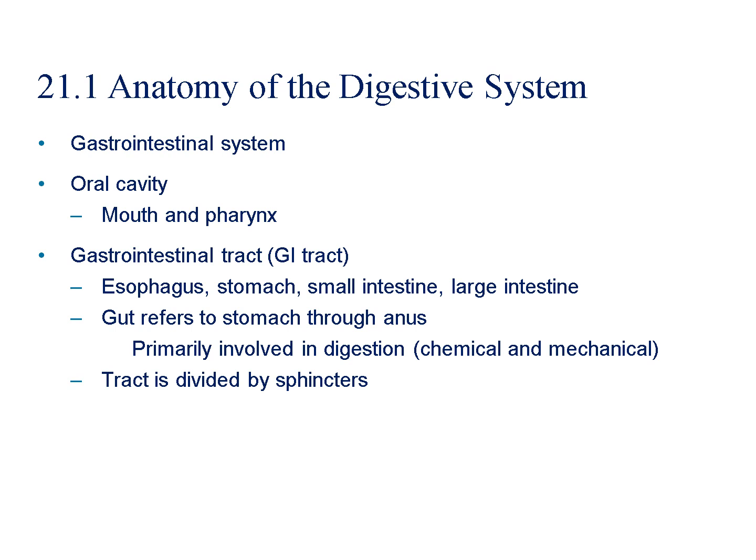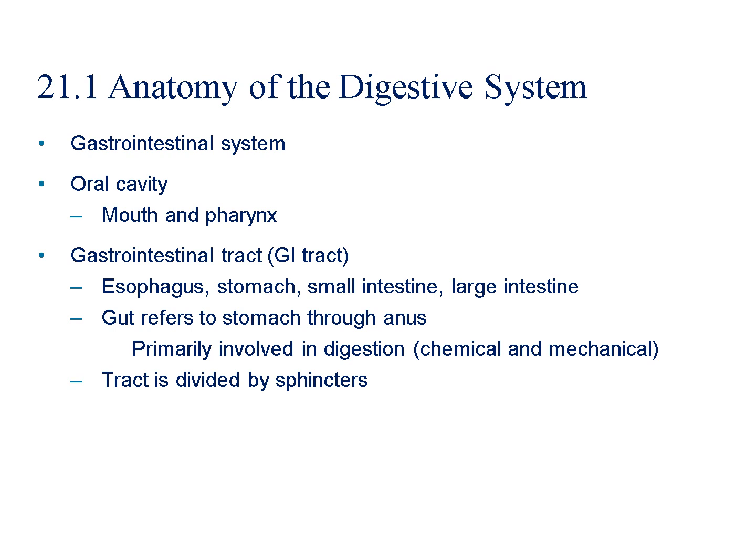Digestion begins in the oral cavity, which includes the mouth and pharynx. Here, food is mechanically broken down by chewing and chemically processed by enzymes found in saliva. From there, food travels into the gastrointestinal tract, which includes the esophagus, stomach, small intestine, and large intestine.